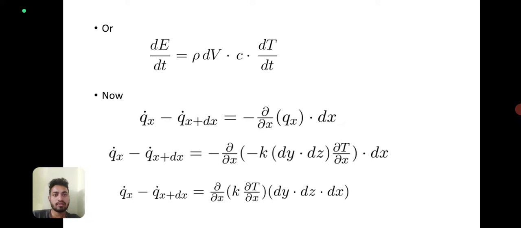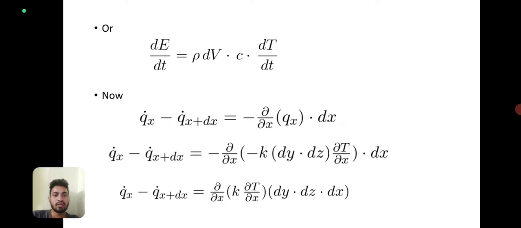Now q dot x minus q dot x plus dx equal to minus dou by dou x of qx into dx. That is equal to minus dou by dou x into minus k dy dz dT by dx into dx.